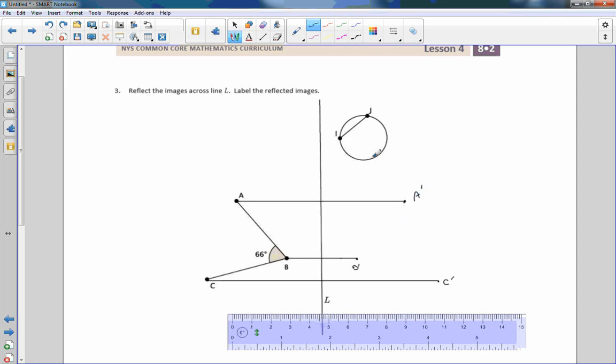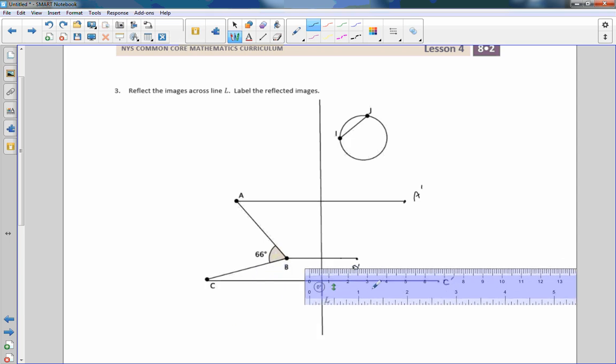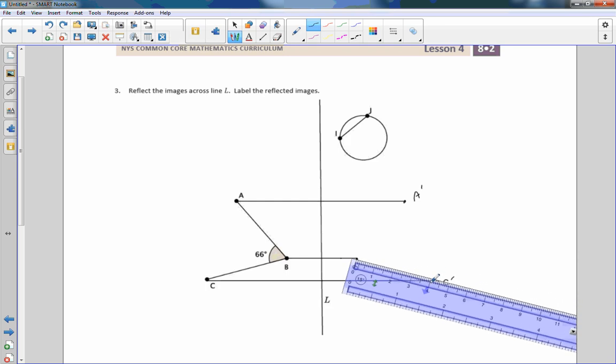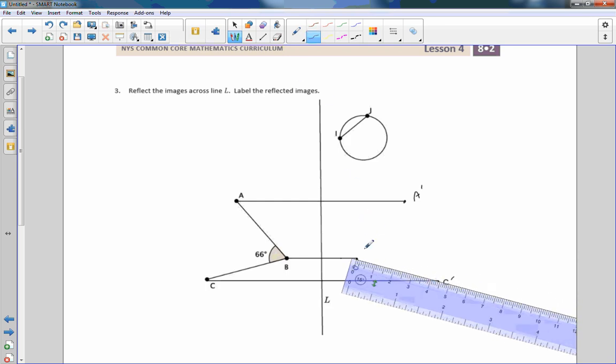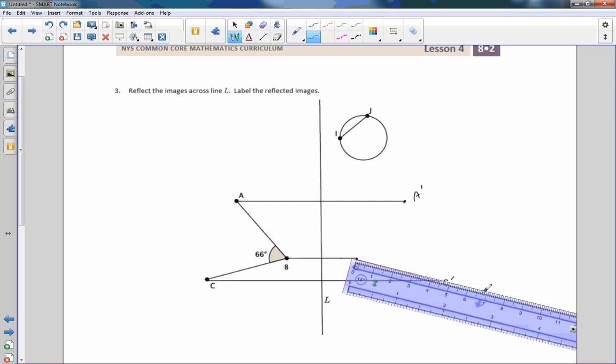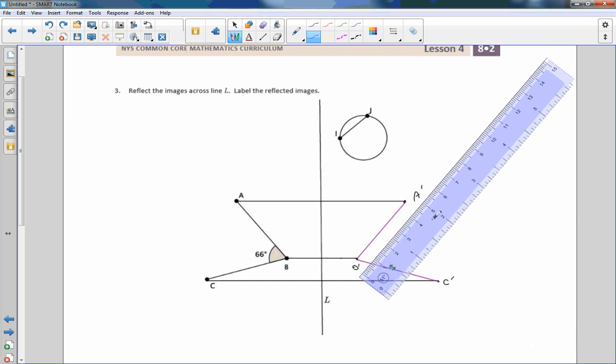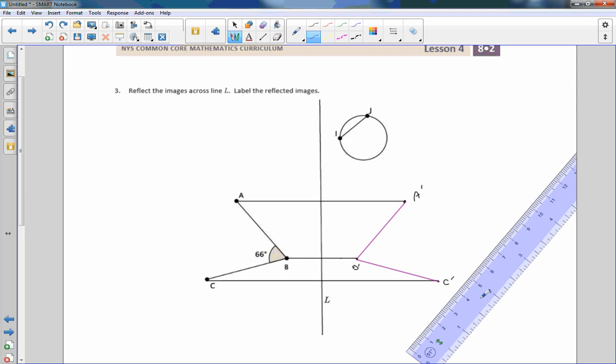Now it doesn't look like much yet, but now I'm going to connect A, B, and C. So when I put my ruler here at 0 and rotate it down to C, like so, let's change the color to purple this time. There's my line segment, B prime, C prime. And then if I swing this up to A, this is my B prime, A prime side, or angle.